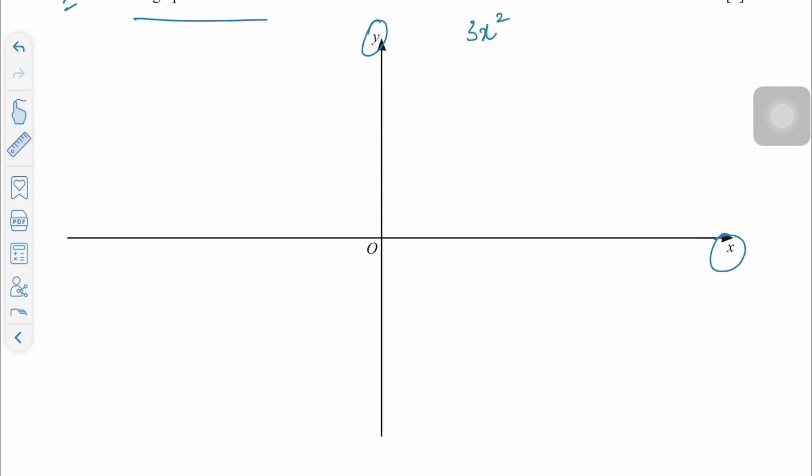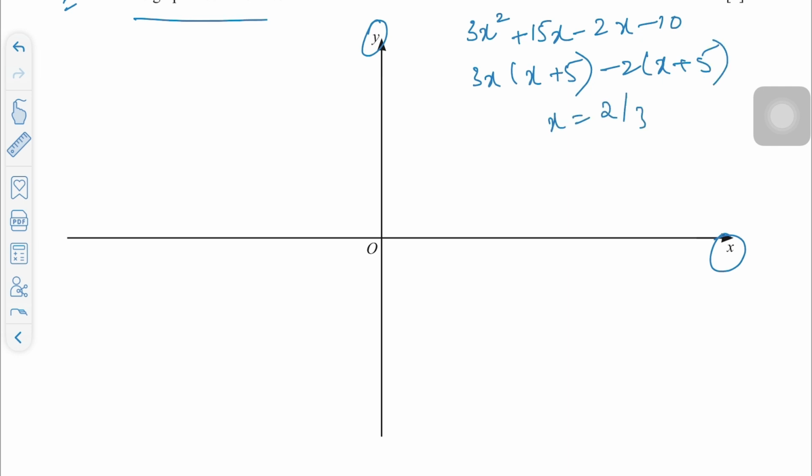So this would be, I guess, 3x squared plus 15x minus 2x minus 10, and this would be equal to 3x(x plus 5) minus 2(x plus 5). We'll have our x as 2/3 and x as -5, right? So we'll have our coordinates as -5 comma 0 and 2/3 comma 0.